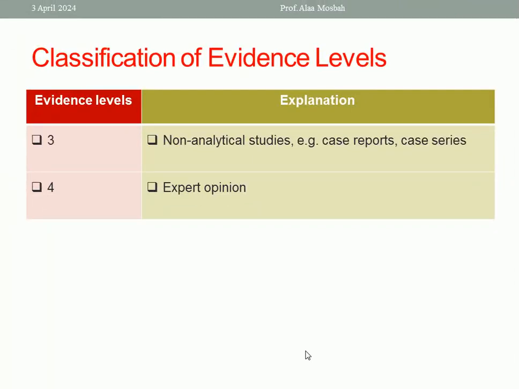Let us go to evidence level 3. Evidence level 3 is non-analytical studies, for example, case report and case series. You remember the pyramid of the general hierarchy of level of evidence? On the base of this pyramid are the case report and the case series.